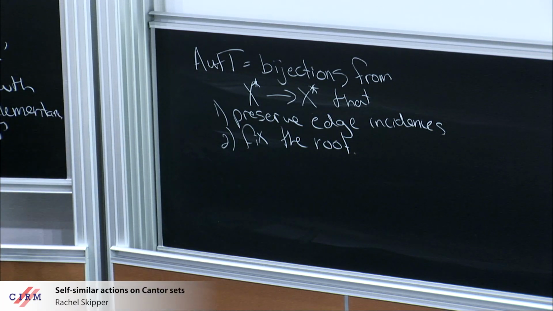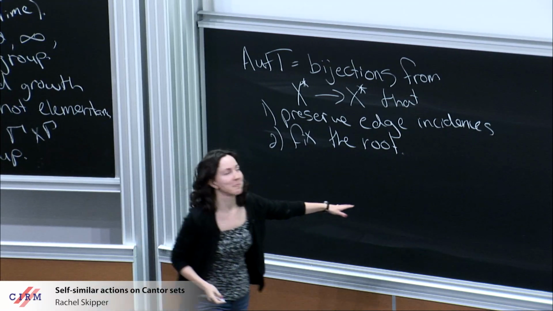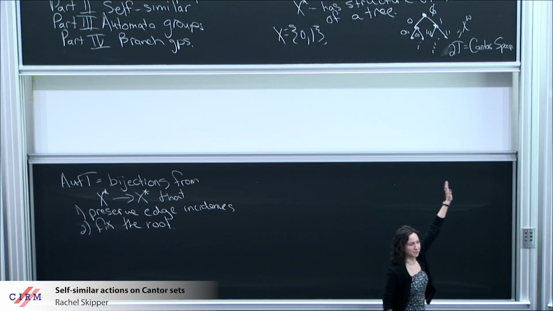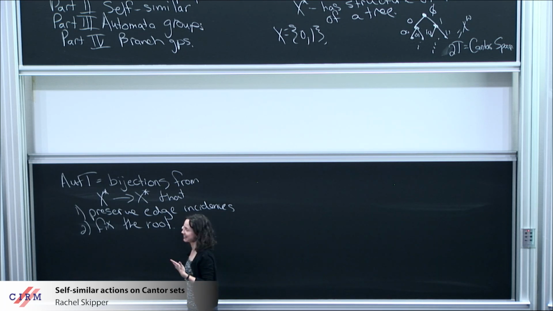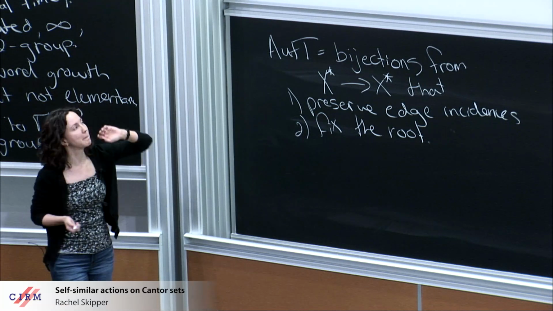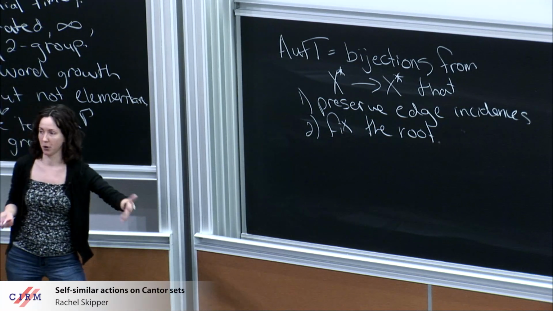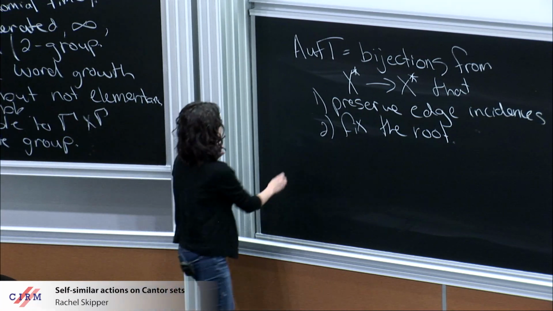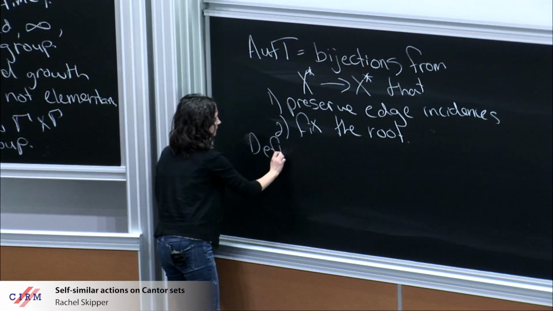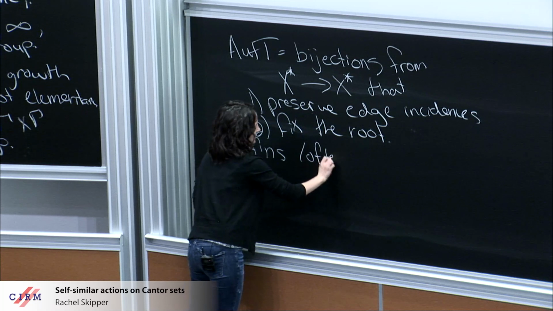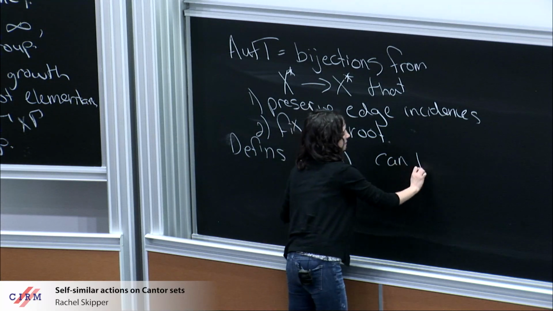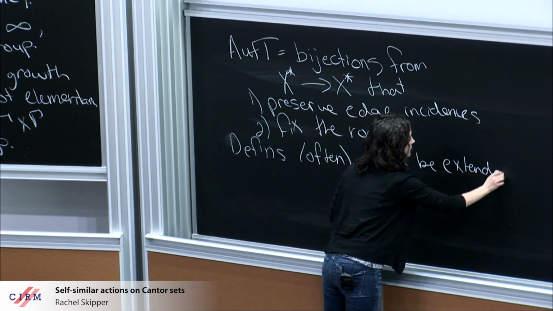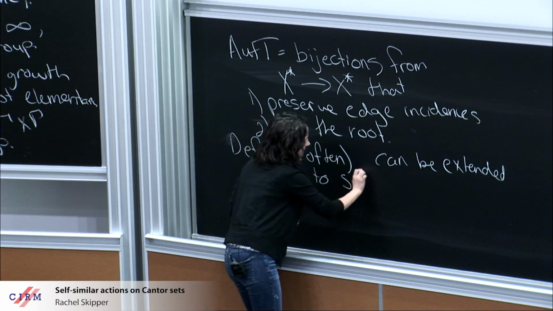The savvy observer will notice that part 1 implies part 2, because if you look at the tree that I've drawn, my root has degree 2. Every other vertex has valency 3. But I'm including this because even though I'm only going to talk about these regular rooted trees, one can define many of the things I'm talking about for something called spherically homogeneous trees. Definitions can often be extended, not every definition I give in the course, but often, and it should be fairly clear when, to what we call spherically homogeneous trees.